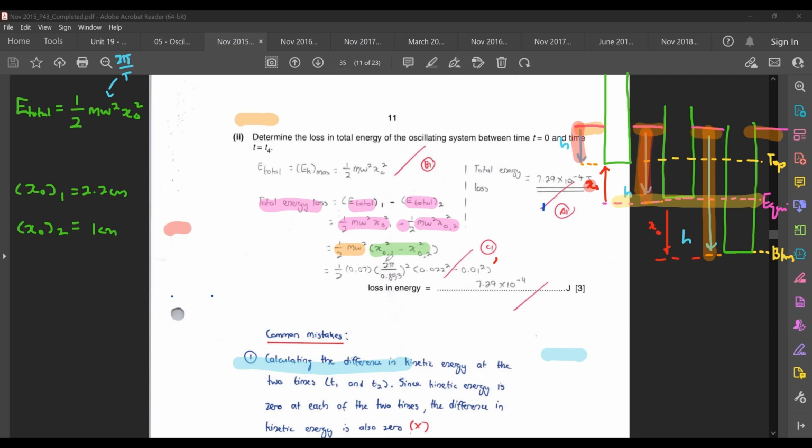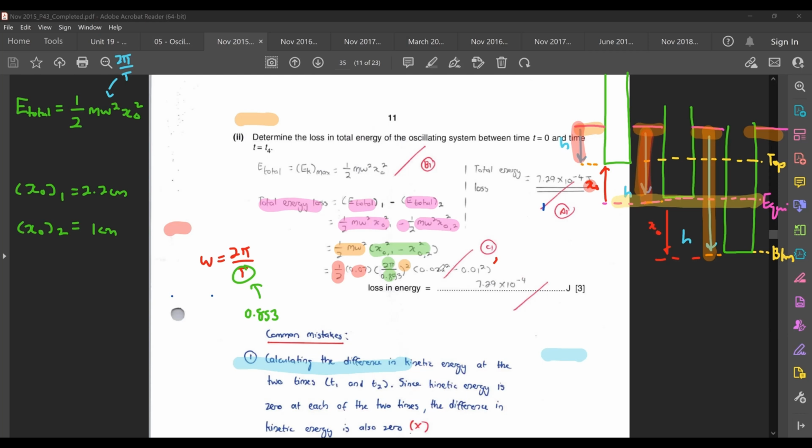So the mass you know as 70 grams, so change to kg is going to be 0.07. The omega you do not know directly, but you do know that omega can be 2 pi over T. So you just found out what was T before this. It was actually 0.853. So you sub that in also here. It's 2 pi over 0.853. Square the term. Then after that multiply with the difference in your amplitude square.